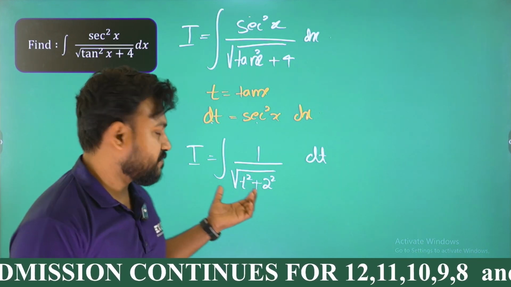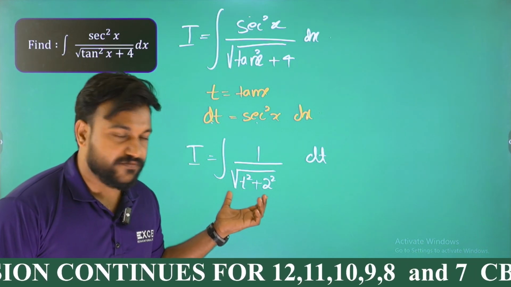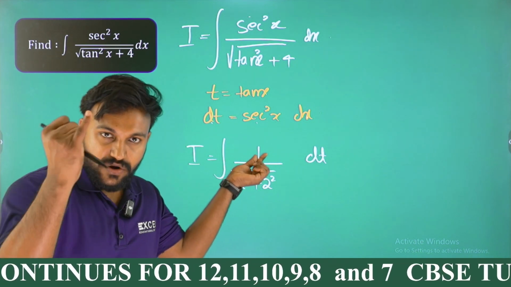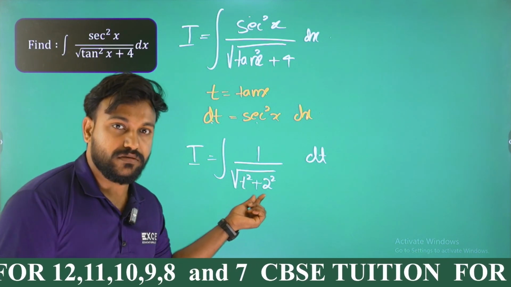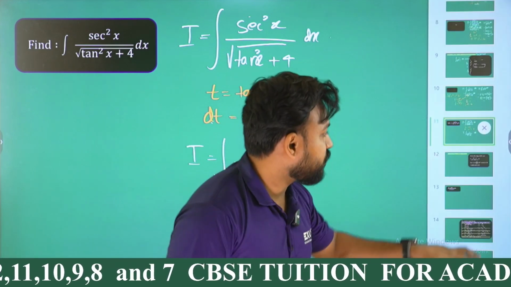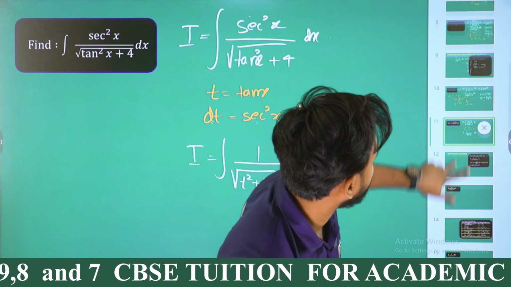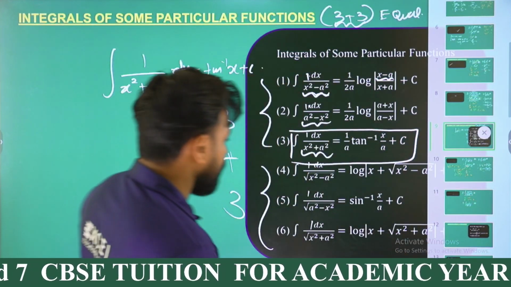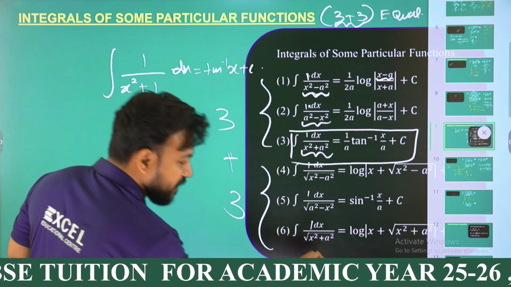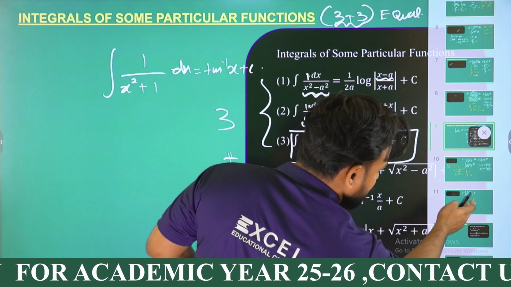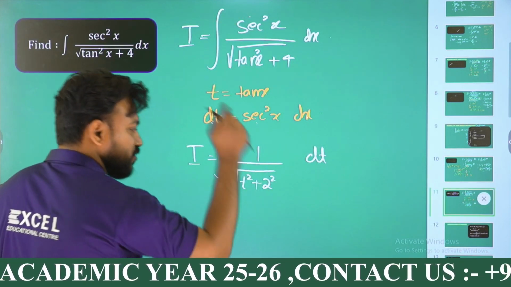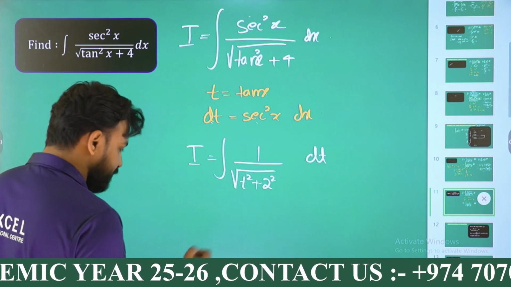So listen, it's our 3 plus 3 form. Which part of 3? Numerator is 1, the first qualification. In the denominator there is a second degree polynomial with or without root. Now we have it with root. With root, we have any of these 3 types. Out of that I prefer this one, because x square plus a square. In our question also we have t square plus 2 square. So what is that?